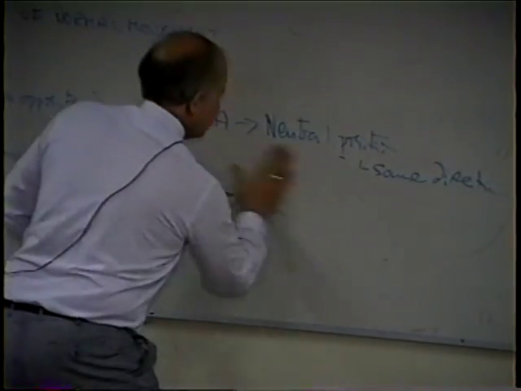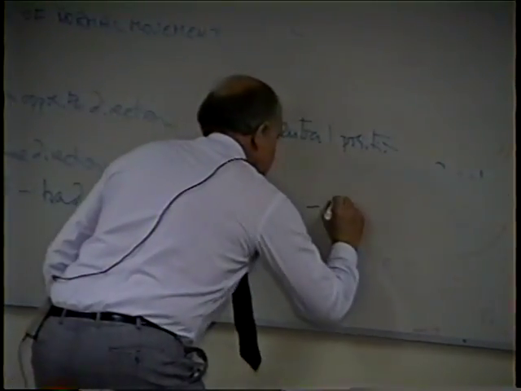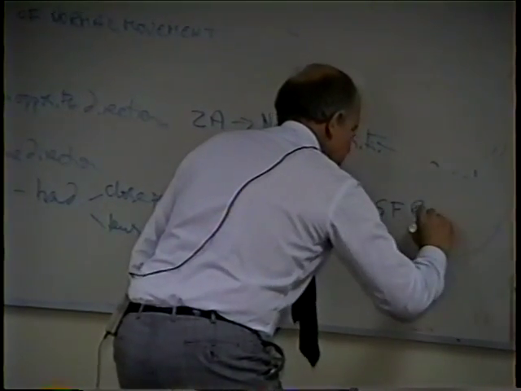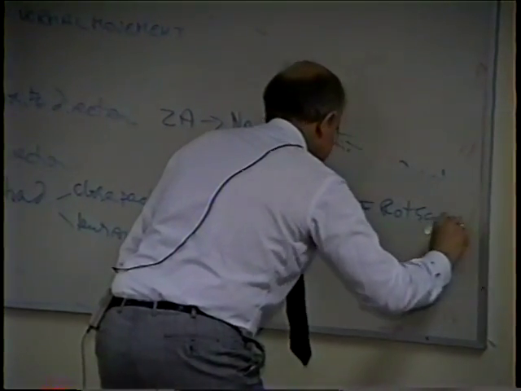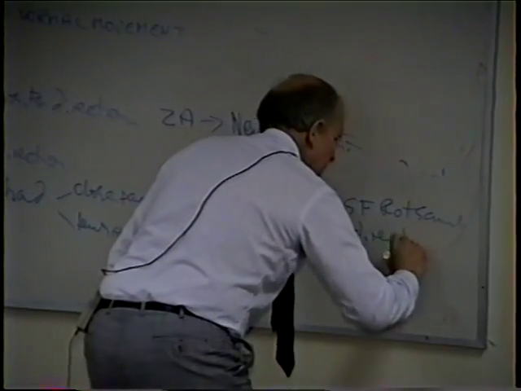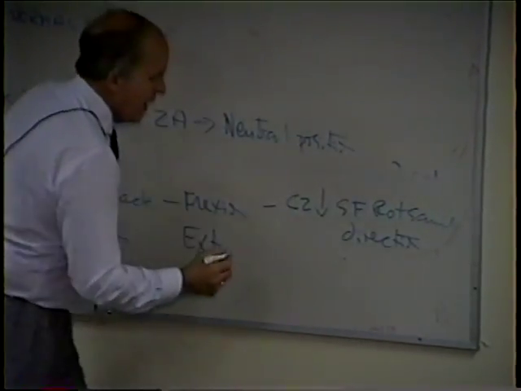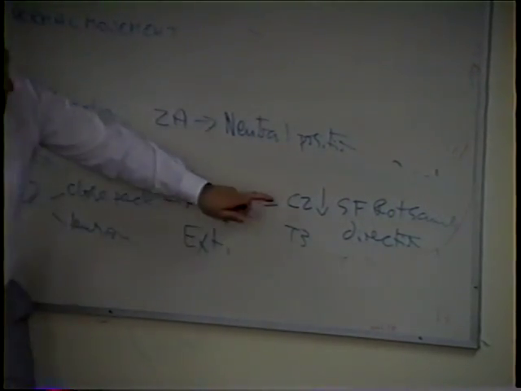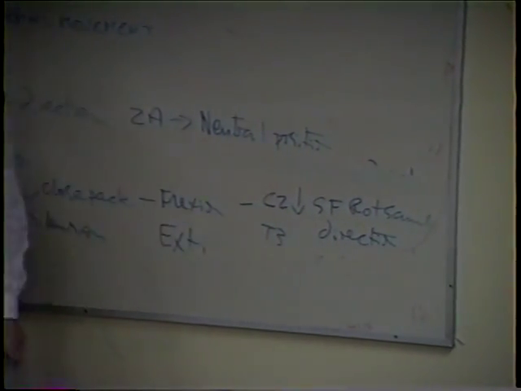C2 down, side flexion, rotation in the same direction. And that will go down to probably about T3, where the cervical spine still extends functionally into the upper thoracic.